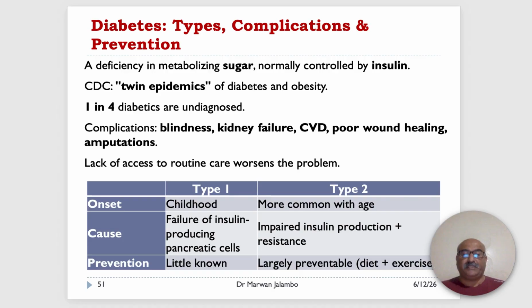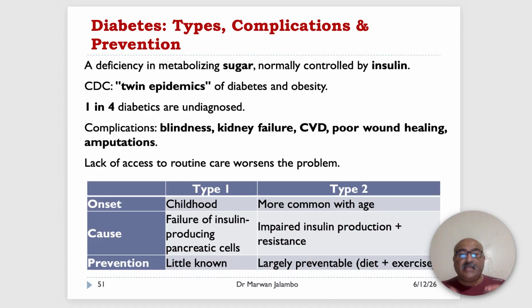That whole process is normally controlled by a hormone called insulin. When insulin is not working, sugar builds up in the blood with nowhere to go, and that's where the damage begins.